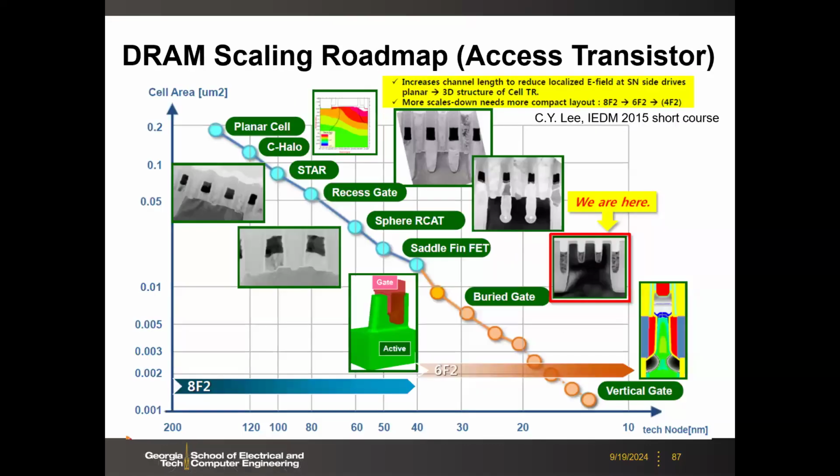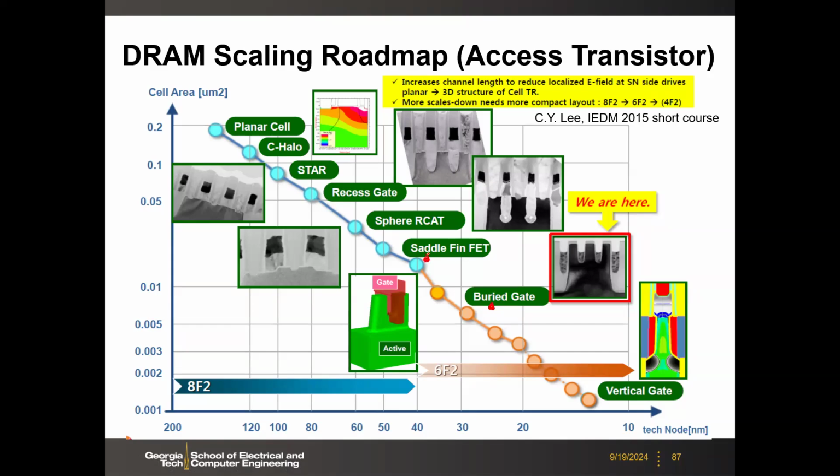Yeah, I have that in more details in the next 2 slides. But this was another innovation. And then we have the buried gates. I will talk about that in more details as well.